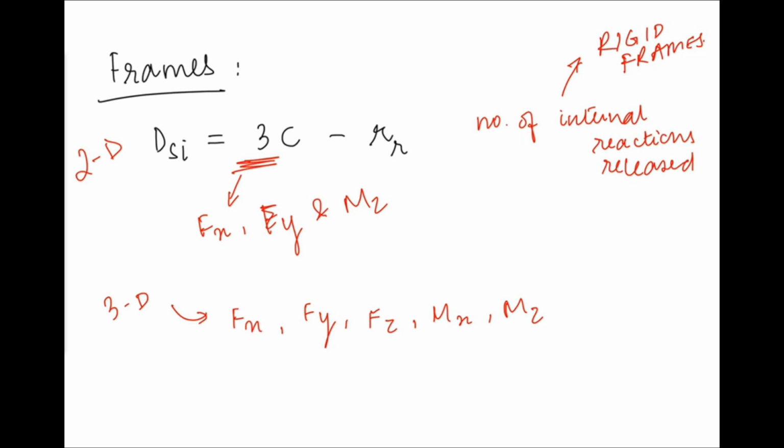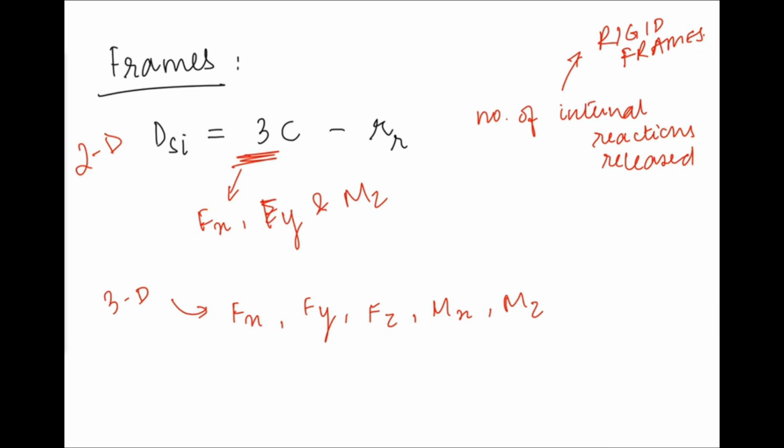Okay, so this is in one loop. So c is the number of closed loops. Okay, so that's how we get it.